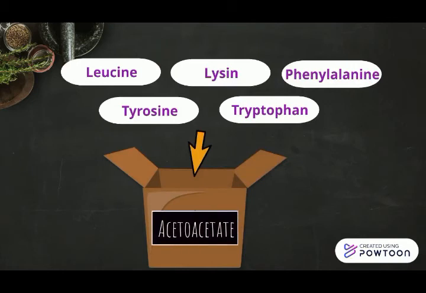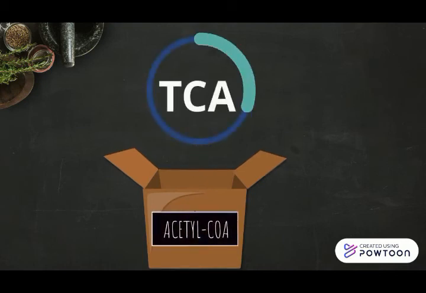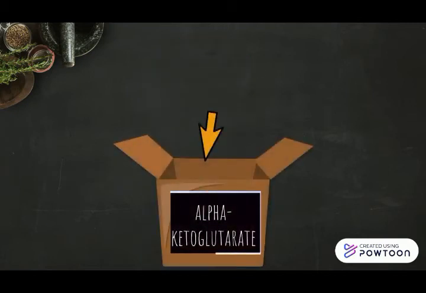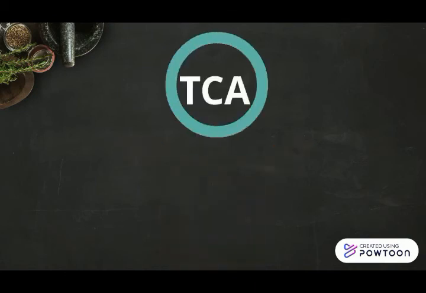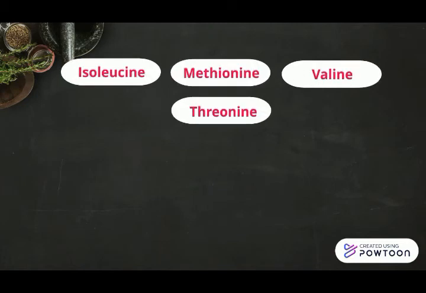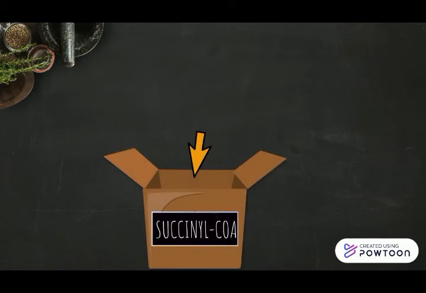Leucine, lysine, phenylalanine, tyrosine, and tryptophan are amino acids in acetoacetate, which will enter the TCA cycle. Glutamine is the amino acid of alpha-ketoglutarate, which then enters the TCA cycle. Isoleucine, methionine, valine, and threonine are amino acids for succinyl-CoA and then enter the TCA cycle.